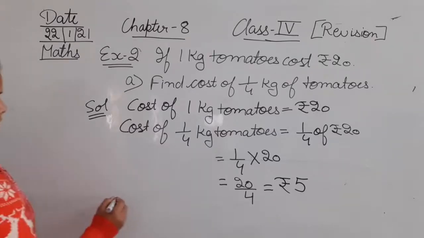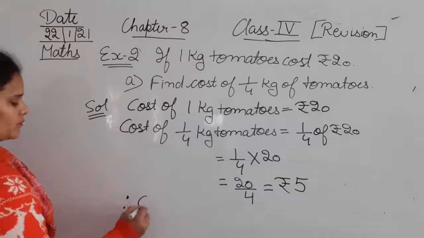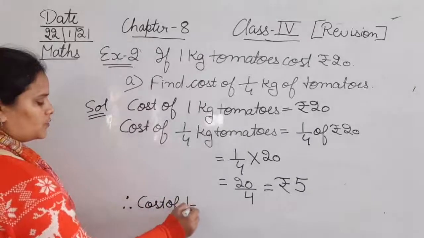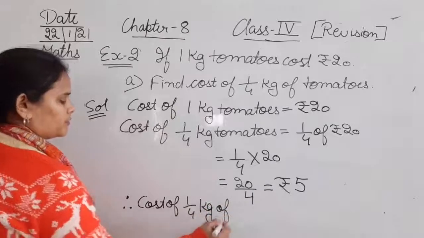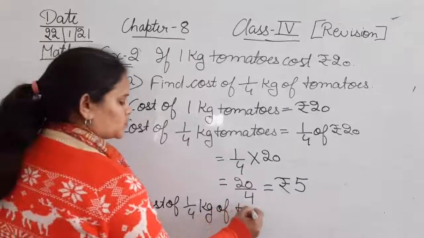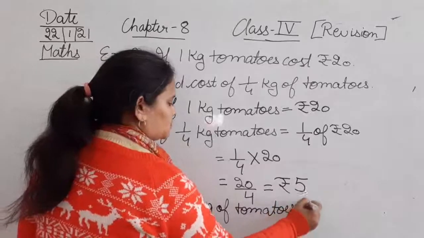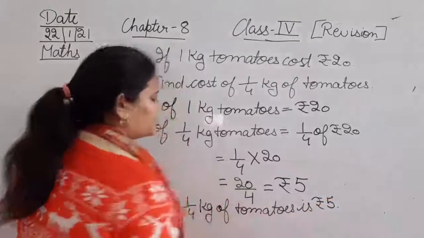That's what you will write in the solution sentence. Therefore, cost of 1/4 kg of tomatoes is 5.